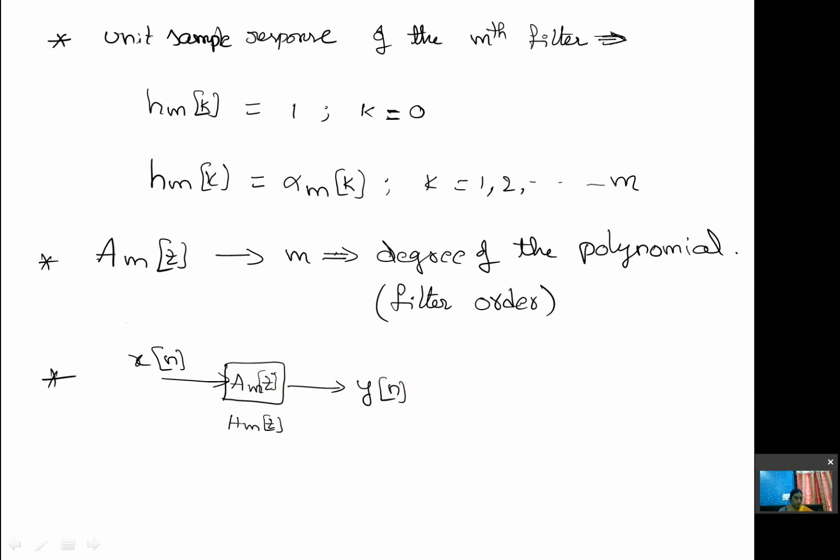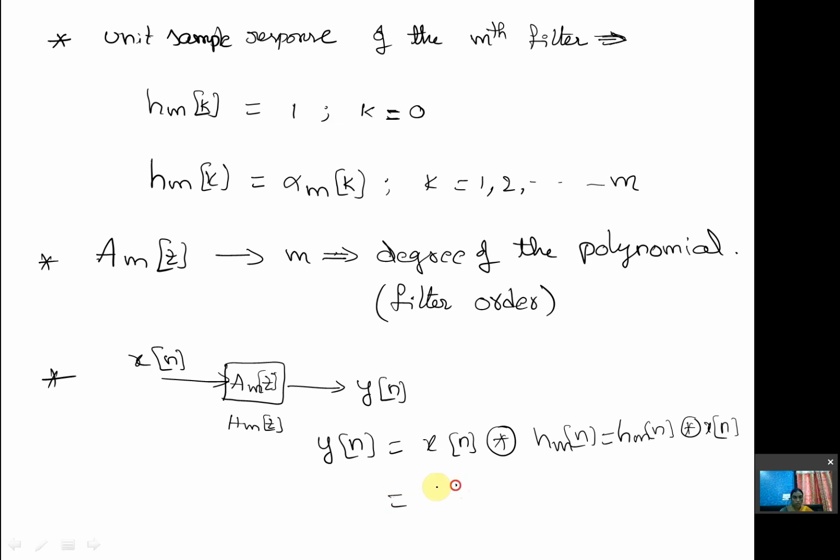In such a case, how can you write y of n? y of n is equal to the convolution between these two: x of n convolved with hm of n. Am I correct? hm of n convolved with x of n, both are equal.